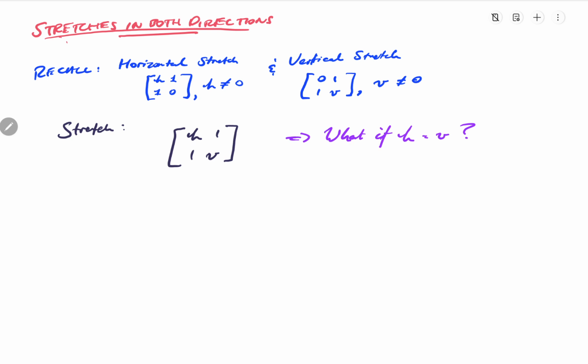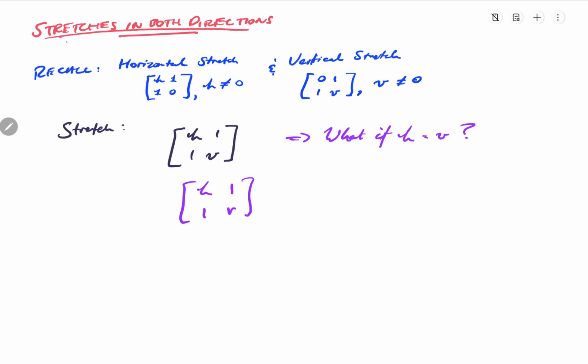What you see on the screen, we're going to see what happens when h equals v. So if the horizontal stretch factor is the same as the vertical stretch factor, it would be stretched by the same factor in both directions. It's like if you took a picture and it all got scaled by the same factor.